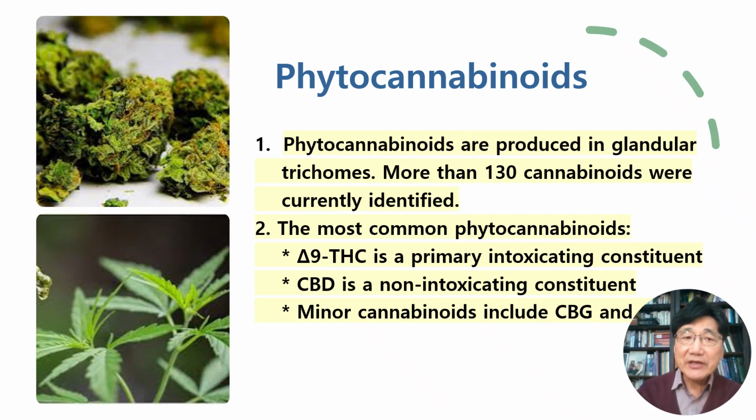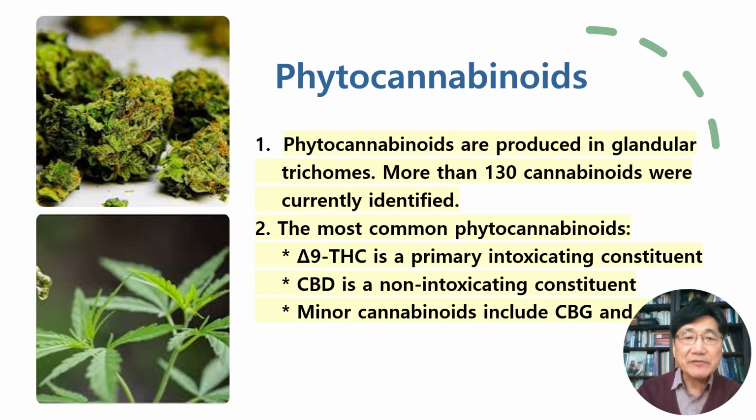Phytocannabinoids are unique compounds found in cannabis plants. More than 130 phytocannabinoids have been identified. The most common cannabinoids are delta-9 tetrahydrocannabinol, called delta-9-THC, and cannabidiol, called CBD.